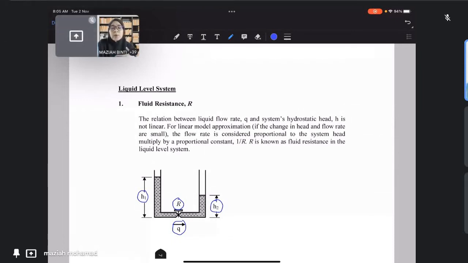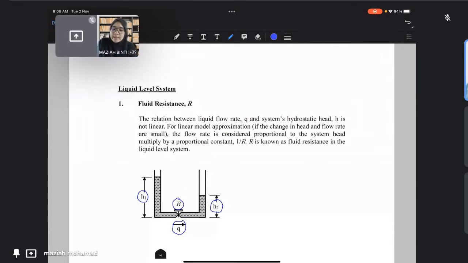However, here we consider a linear model approximation. We just approximate the behavior as some kind of linear. When we say it is an approximation model, it means there are some parameters that we omit in order to assume that this relationship is linear.